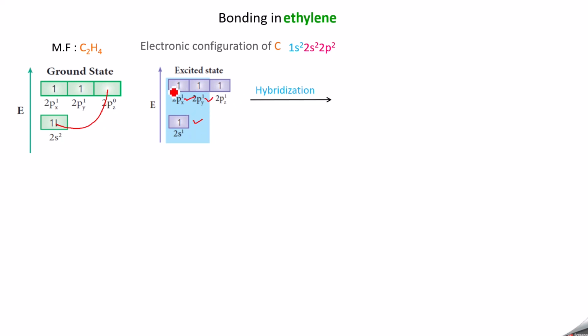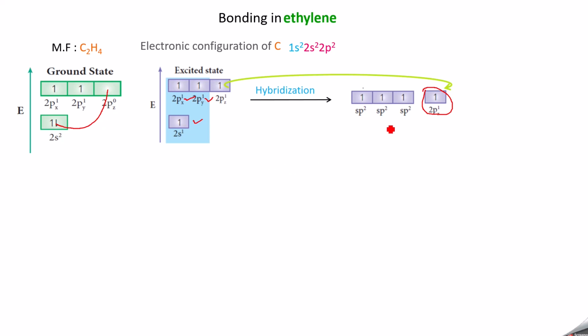So only 3 orbitals will undergo hybridization to form 3 sp2 hybrid orbitals, and there is one orbital which is unhybridized, that is the pz orbital. Only these 3 are the hybridized orbitals. They will be oriented in such a way as to have an angle of 120 degrees.